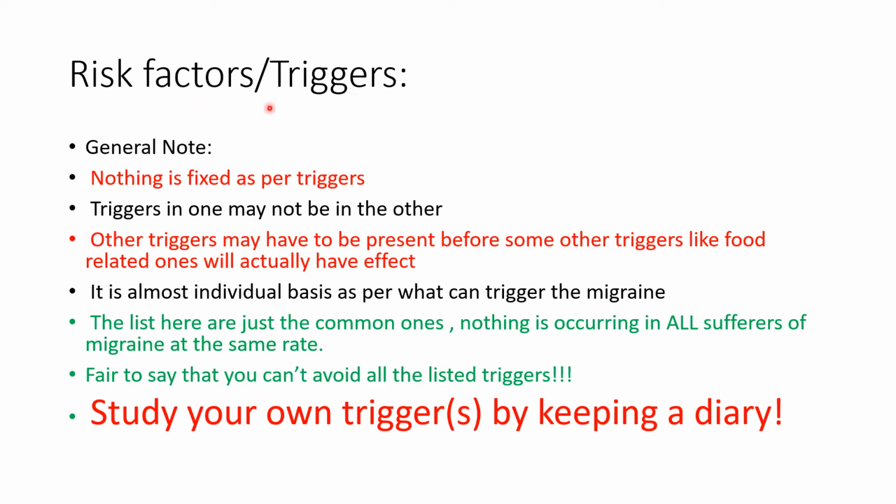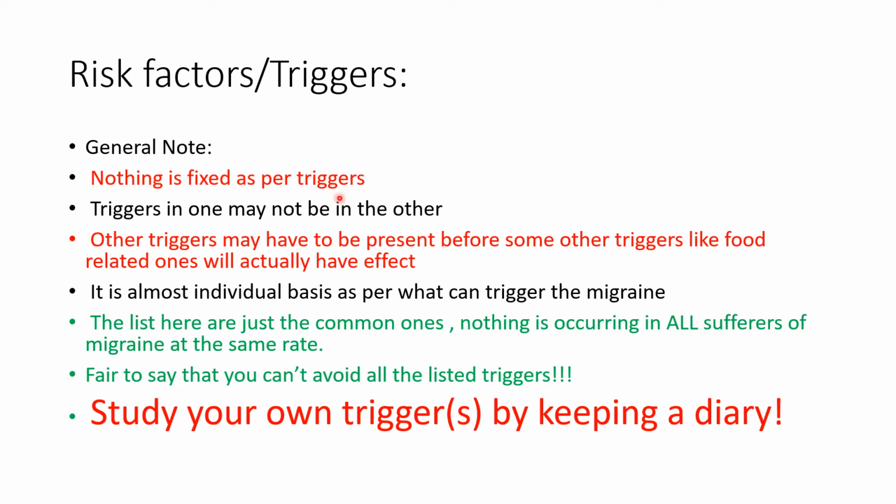So that's why I matched the two. The risk factors are those things that can increase the chances of having a particular disease, while triggers will be a specific agent or event that can set off or spark a process that will lead to signs and symptoms.